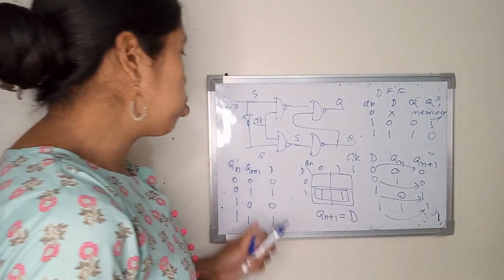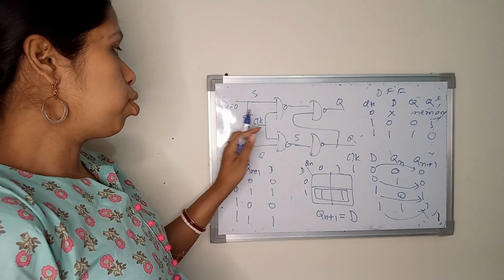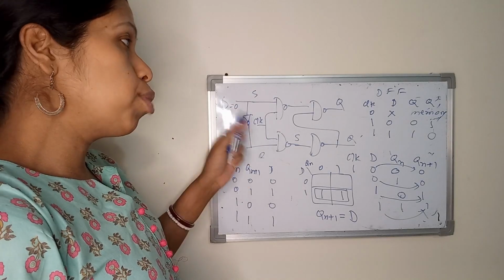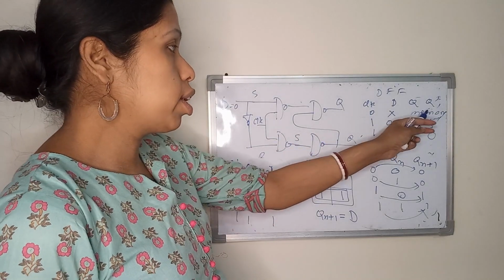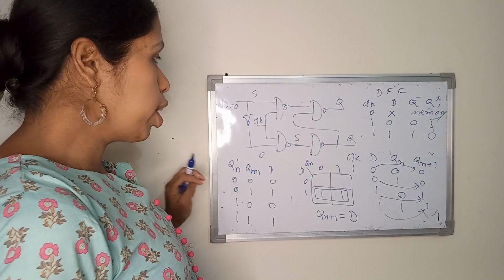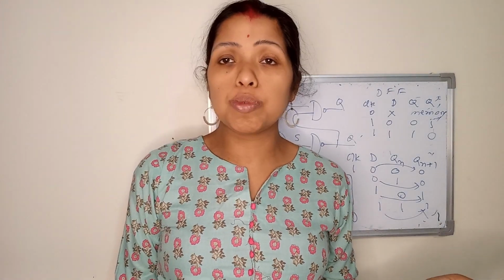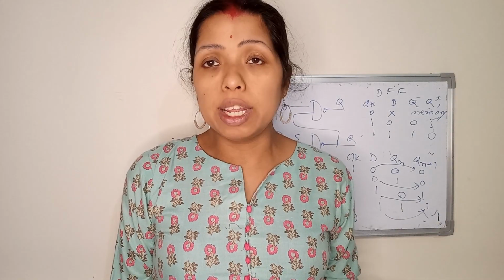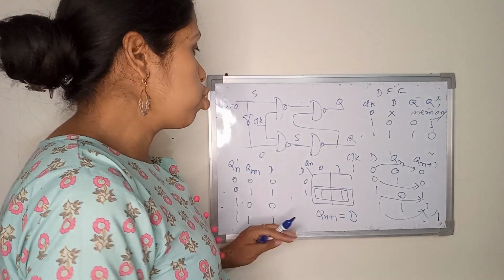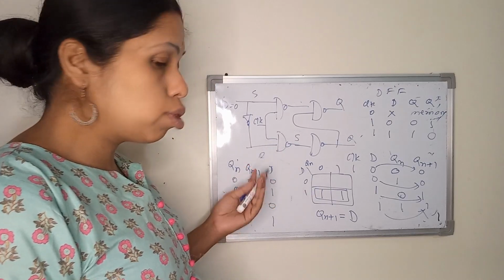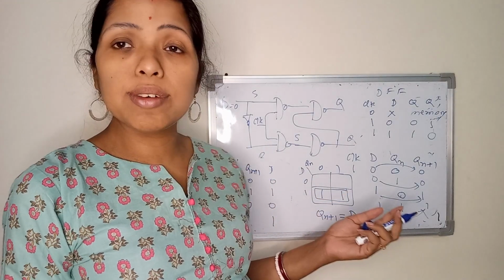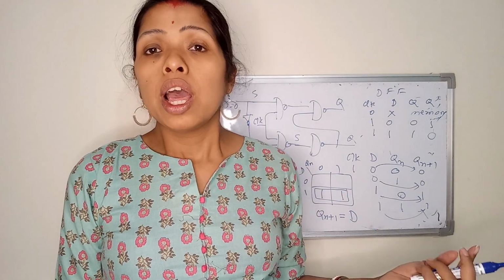Now here I told you that you can connect the clock for activating the D flip-flop. If you remove the clock, you can have the memory effect. There will be two kinds of clock: one is called the positive clock, another is called the negative clock. I will now tell you the difference between positive clock and negative clock. If you apply the positive clock, what will be the output?